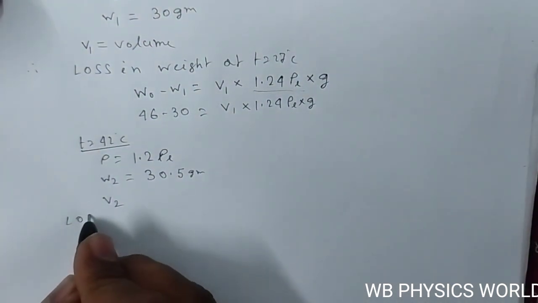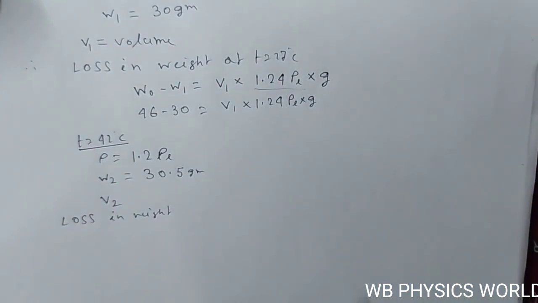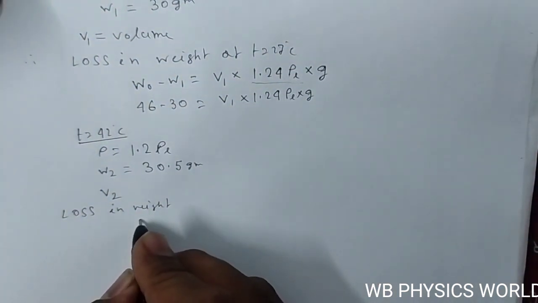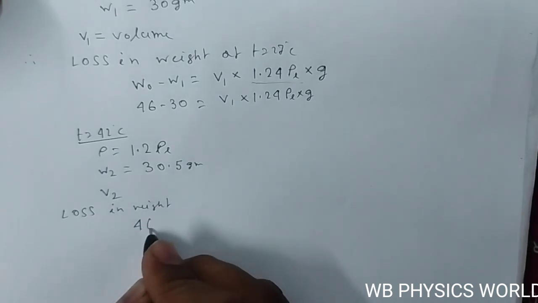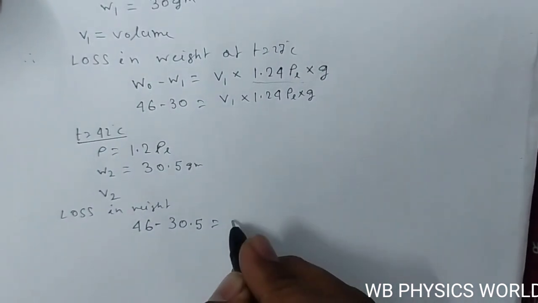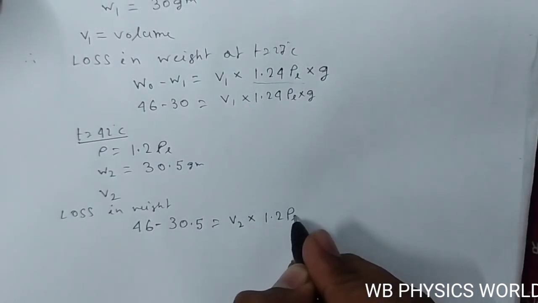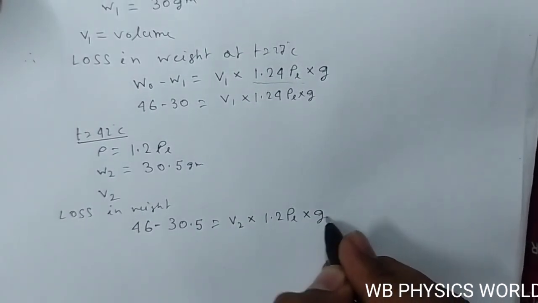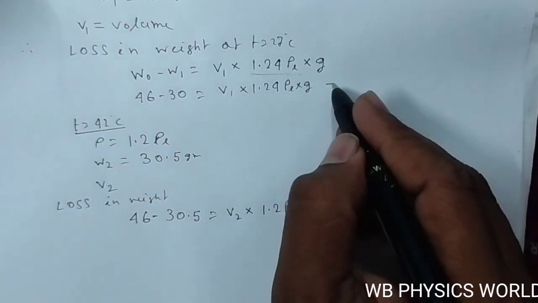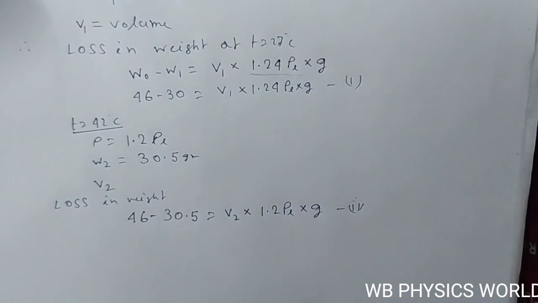So the loss in weight at that temperature is 46 minus 30.5 equal to V2 times 1.2 rho L into G. So this is equation 1 and this is equation 2.